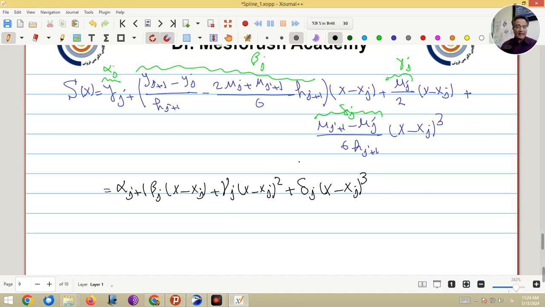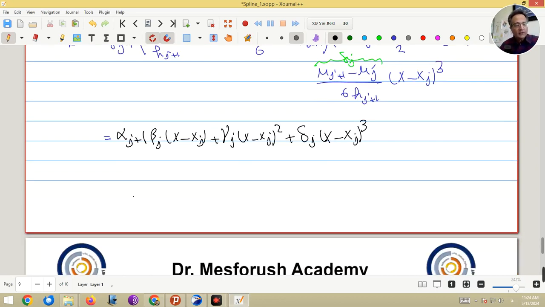And note that we know the values of yj and also of hj plus 1. Okay, and also we know the values of xj. So it just remains to compute the mj's. Okay, so if we compute the mj's, in fact we have determined S of x.